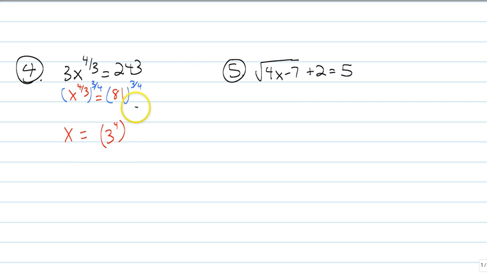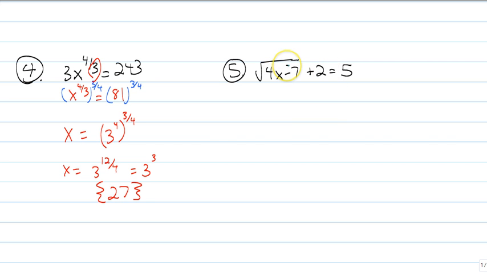I'm going to do this by hand. Why not? So this is saying x is equal to 3 to the 12 over 4, which is the same thing as 3 to the 3rd, or 27. And again, that can work by plugging back in because you have a third root, which you could put anything into those.